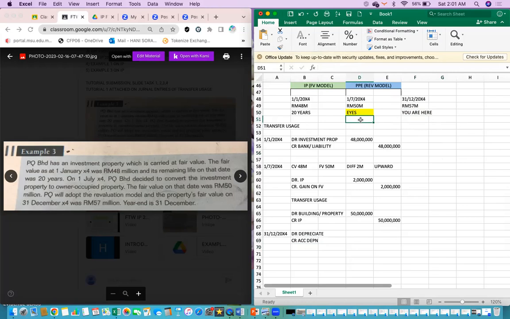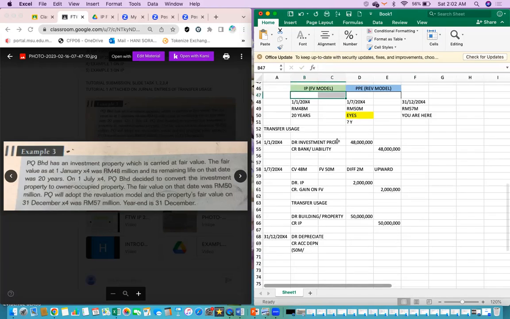However, you also need to find the number of years. Okay, so we just take 50 million first. We divide by year. How about the year? Can you just use 20 years? Cannot. Why? 20 years is before the period, which means you have already used it for 6 months, the gap between 1st of January until 1st of July.